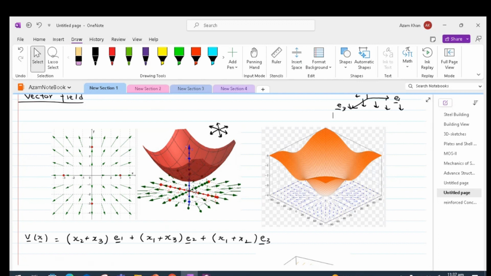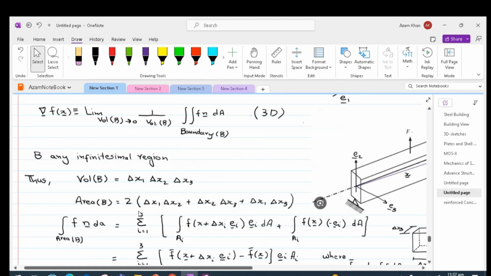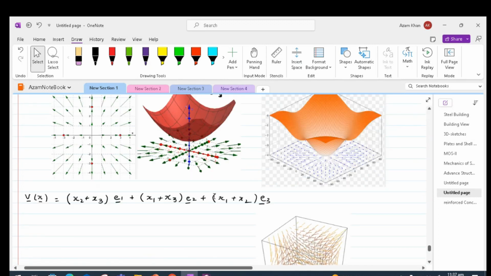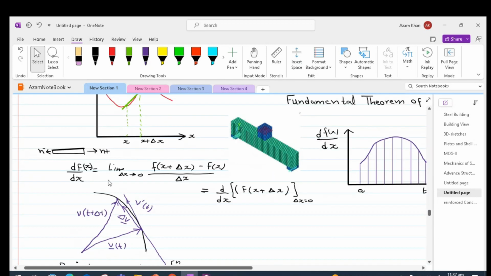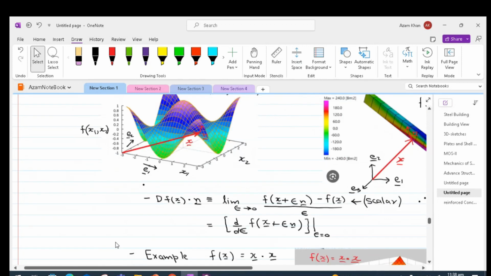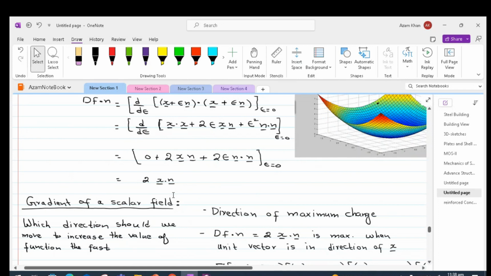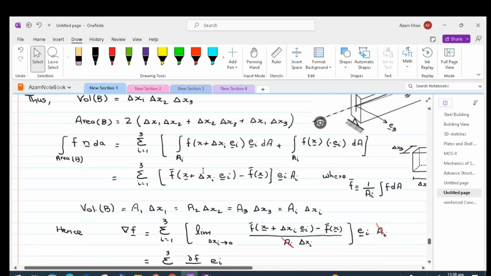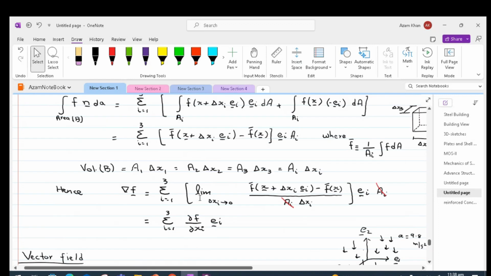One important thing to appreciate in the case of the gradient of vectors is that the gradient vector is always normal to the surface. However, the single variable differential equation gives the tangent of the surface. The reason the gradient is normal to the surface of the function is that we are actually trying to find the rate of change of the function, and then we divide that by a constant area or constant volume.